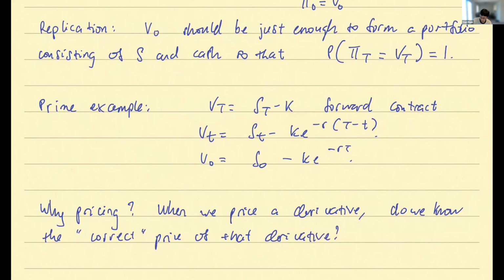I'm not sure, maybe there's some myth out there, stories, whatever, but you might have heard something like when people discovered Black-Scholes, they applied Black-Scholes to the market, and they discovered that the Black-Scholes price is different from the market price. They go and do some business and they become super rich, right? Whatever. So is that how we think of pricing?